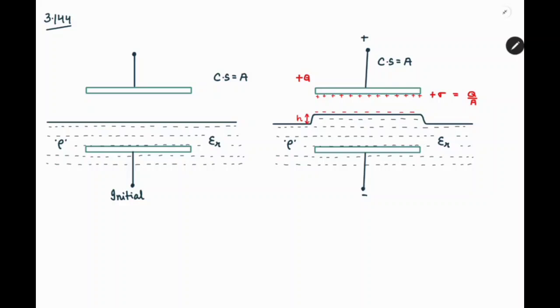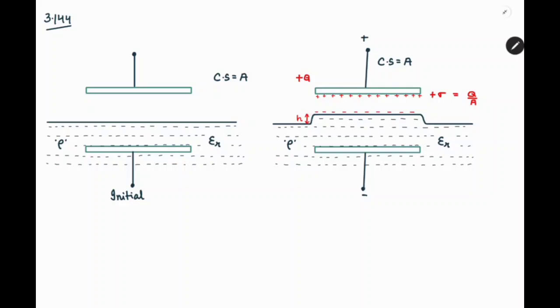Due to this positive charge on the upper plate, a negative charge is induced on the surface of the liquid which is in near contact with this positive plate, and as a result a force of attraction will develop and this layer of liquid will rise by a height h.